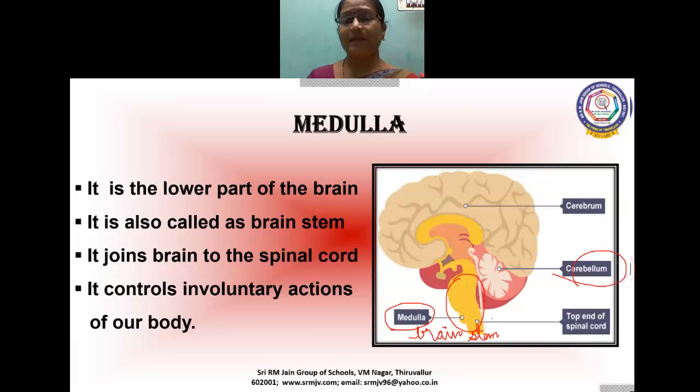It connects the brain to the spinal cord. It controls involuntary actions like the movements of lungs and the heart. This part of the brain keeps working even when we sleep.